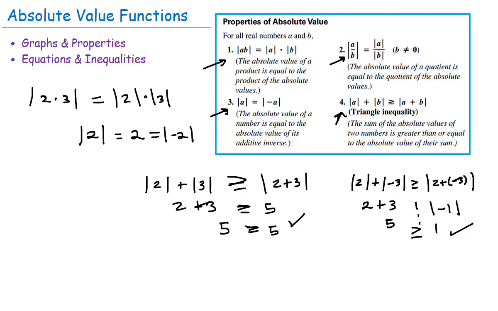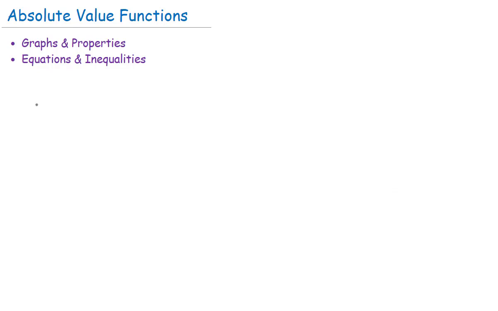Next, let's take a look at graphing some of these absolute value functions. So for example, let's consider y equals the absolute value of 2x plus 1. So we could go ahead and just plug in x values and get out our corresponding y values, plotting points.